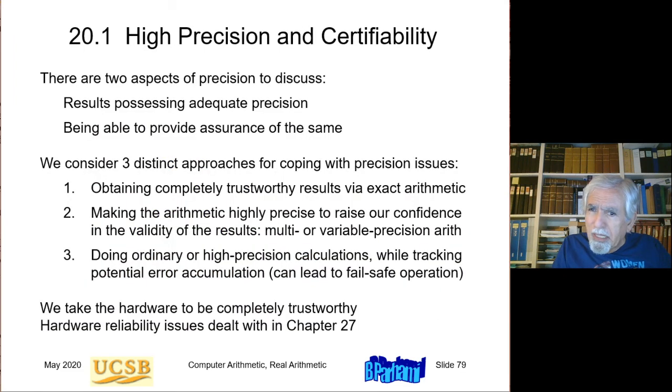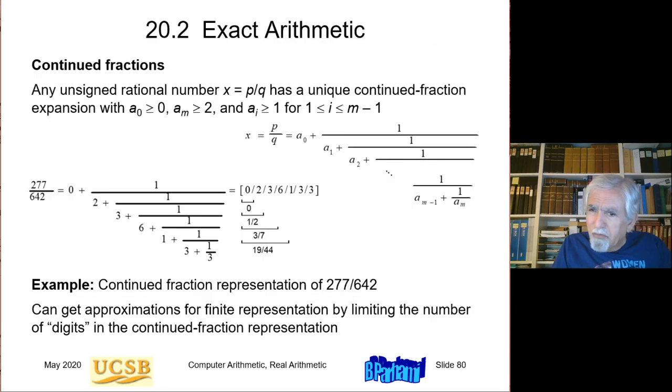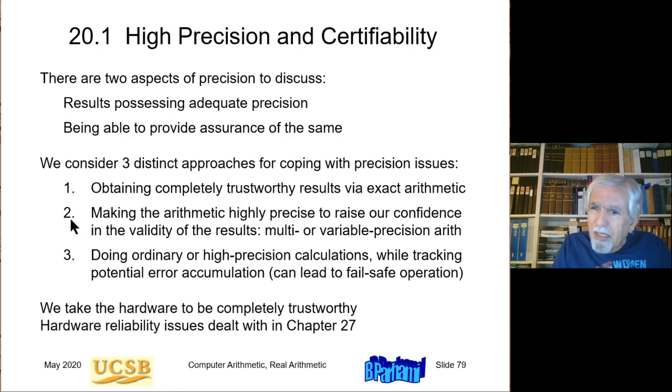Okay, so in chapter 20, first we talk about various ways of basically avoiding loss of precision. The ultimate, of course, is doing exact arithmetic. That comes with a significant overhead, as I'll show you in a few minutes. We can make arithmetic highly precise to raise our confidence in the validity of the result through multiple or variable precision arithmetic.